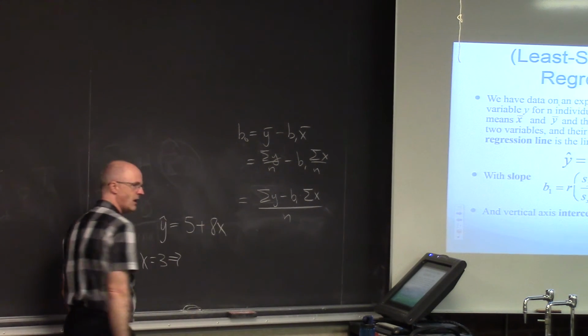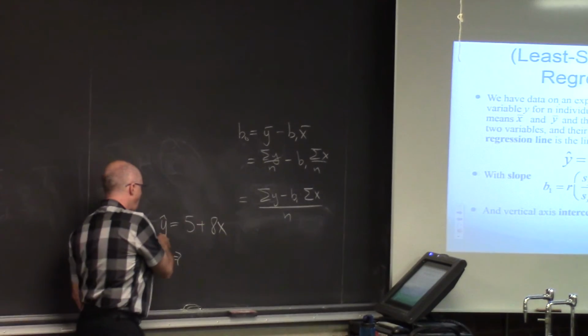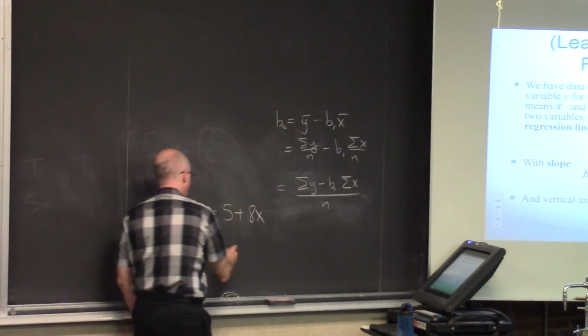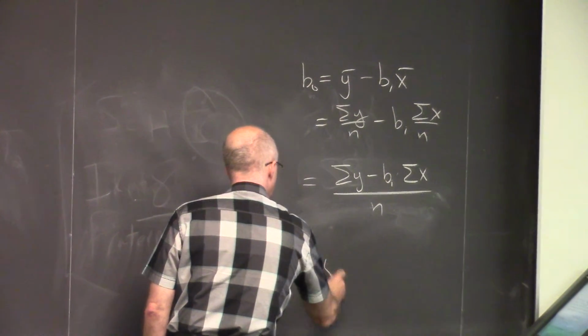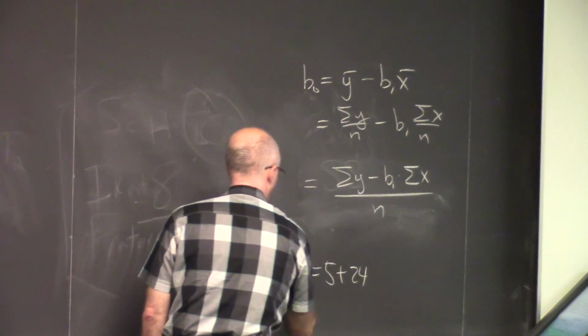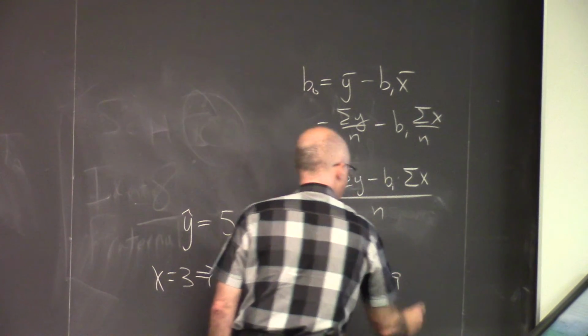All you have to do is plug in 3 into the equation. Y hat is the predicted value of y. Y hat would be 5 plus 8 times 3, which is 5 plus 24, which is 29.